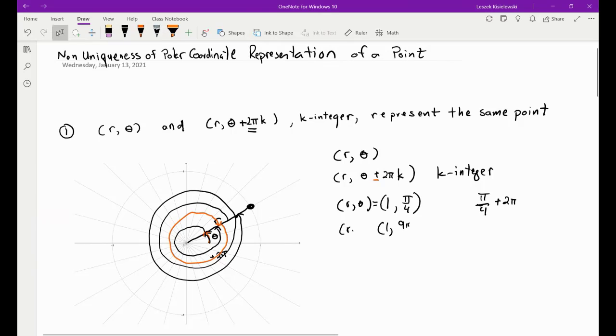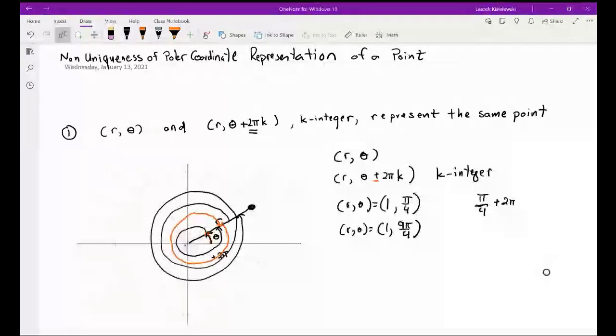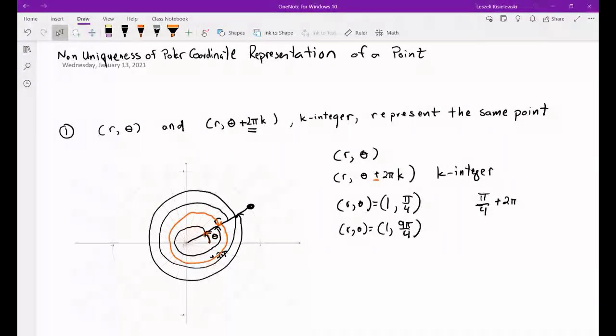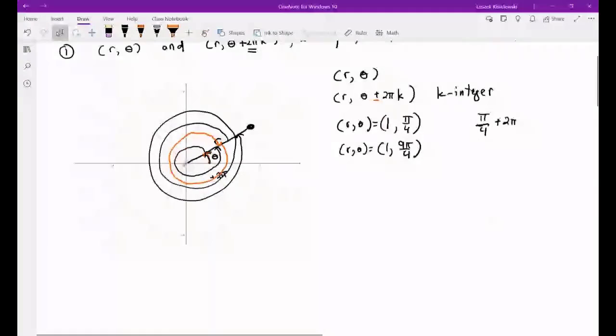Yeah, 9 pi over 4. That represents the same point. Right? So we found 2 different polar representations of exactly the same point. So we're just taking advantage of the fact that sine and cosine have a period of 2 pi.